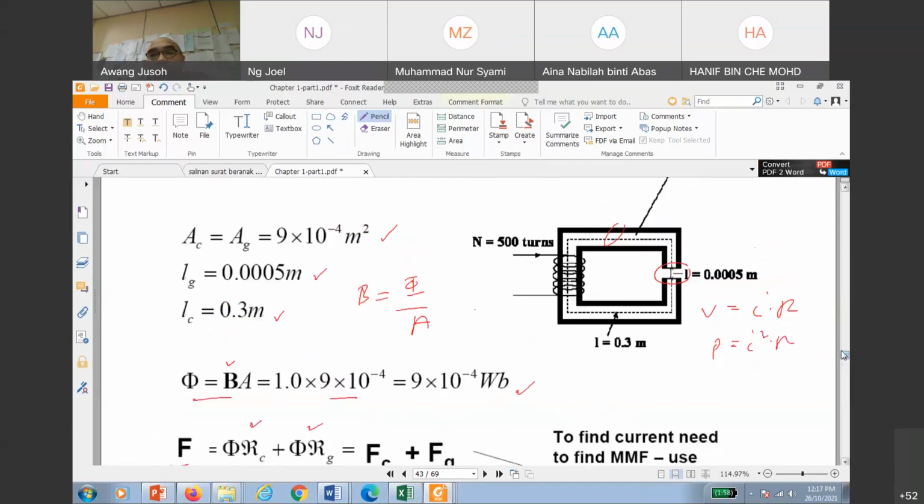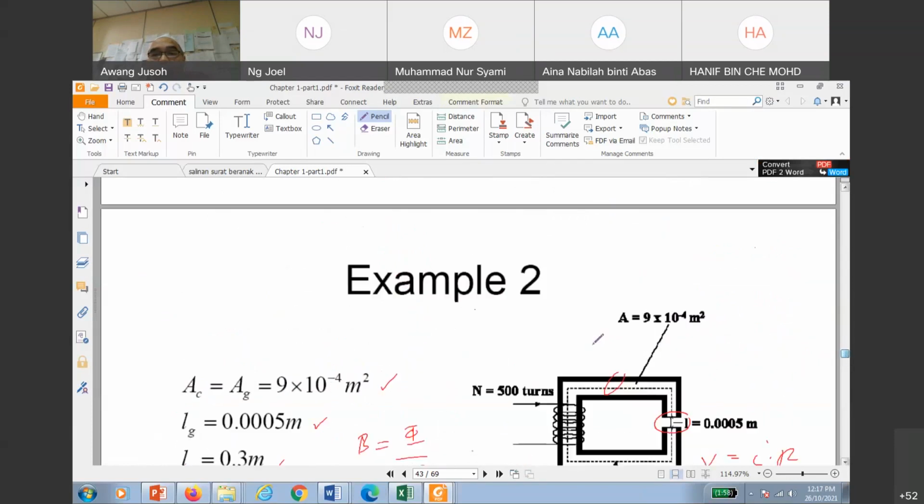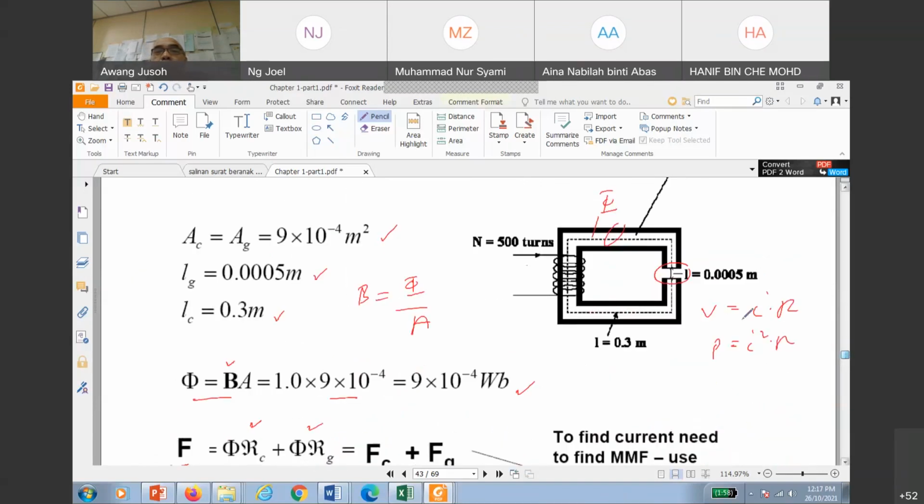Remember, the flux that flows here, because this is a series circuit, is equal to the flux at the air gap. We assume there is no leakage flux here, so all the flux set up by the line is equal here. That means flux at the core equals flux at the air gap.